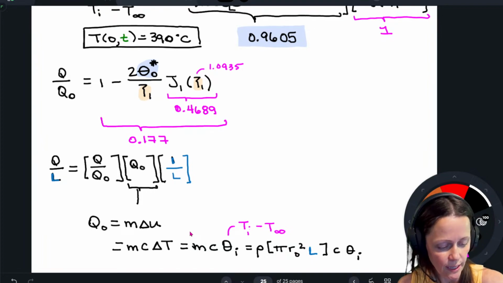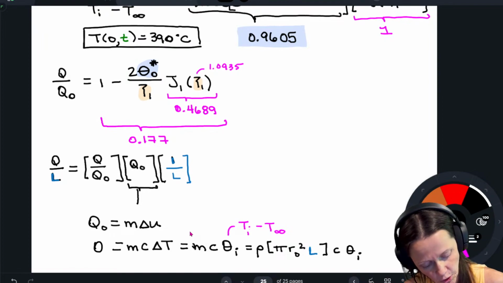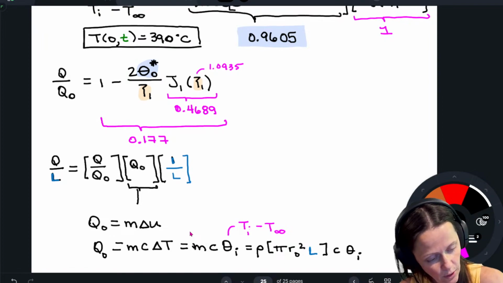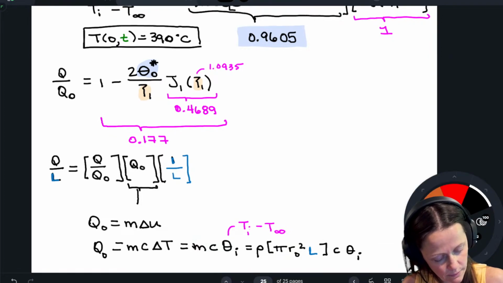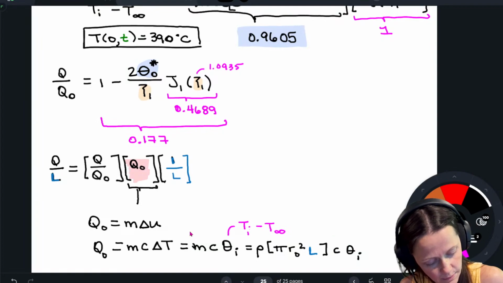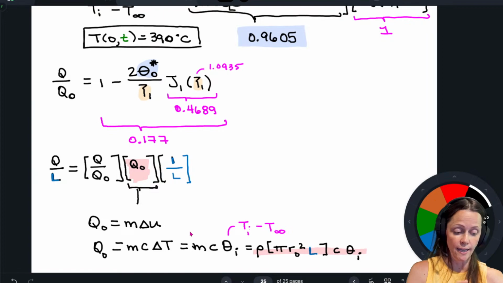So what you can see is that when I plug this Q naught in, this whole term, you could see that the L is going to cancel out, and I'm just going to be left with stuff that I know.